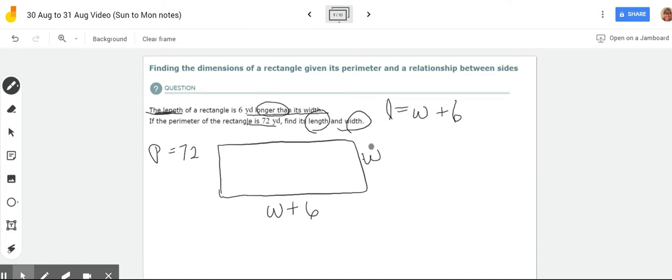Okay, so the perimeter formula is just walk around and add up all the sides. 2 times the width, which is 2W, plus 2 times the length, which is W plus 6. And what's the perimeter? Perimeter is 72. Okay, and then you solve that, working that out.